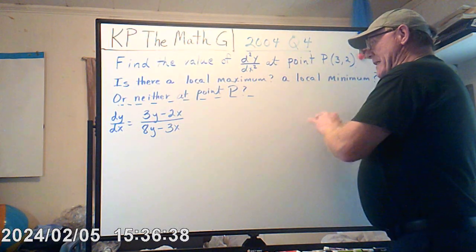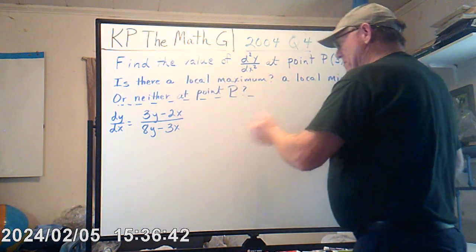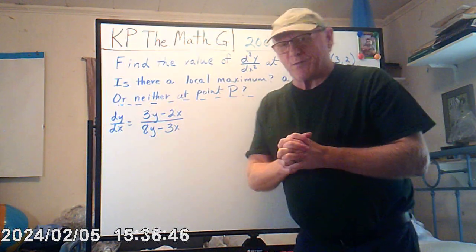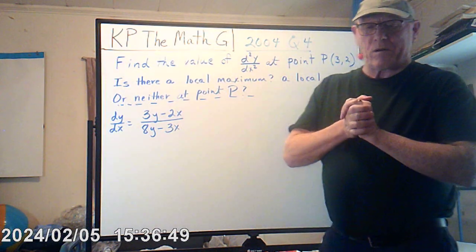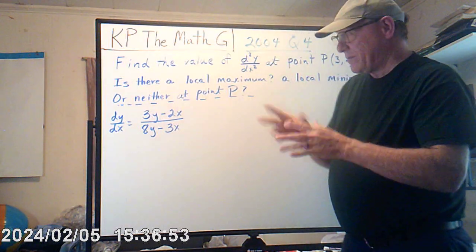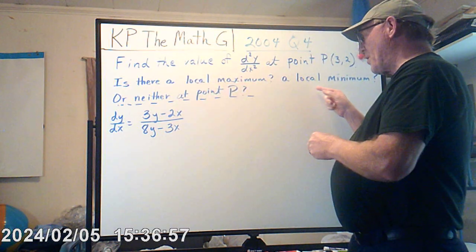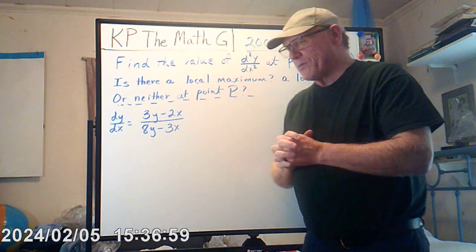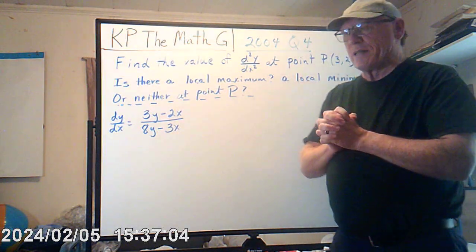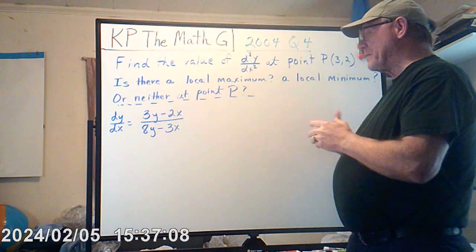At this point, is there a local maximum, a local minimum, or neither at point P? Well, from the last video we did find a horizontal line at that point. Now that tells me that that's probably either a local maximum or a local minimum, since we had a horizontal line. It's probable that it is one of those two.